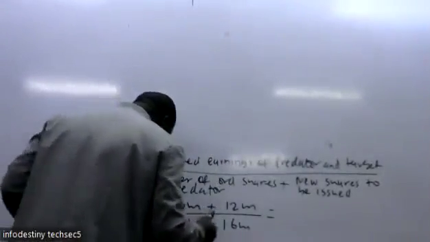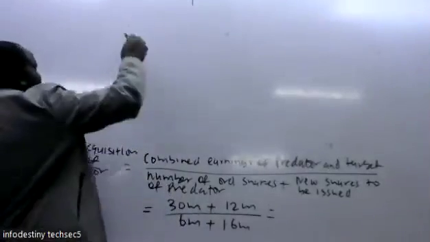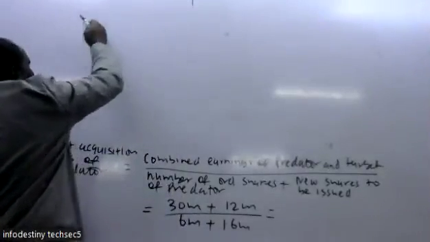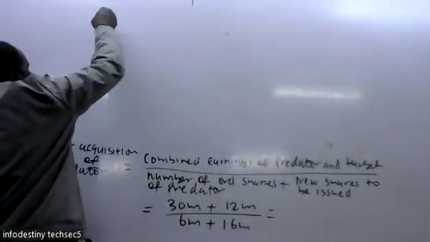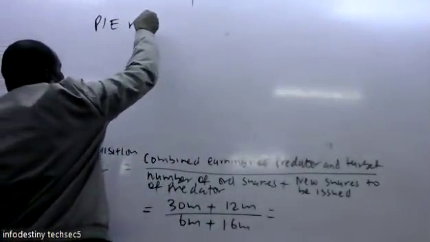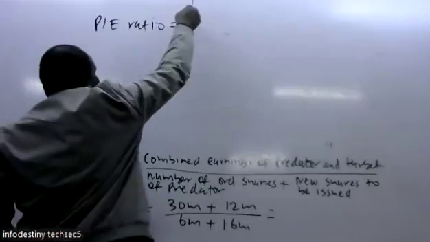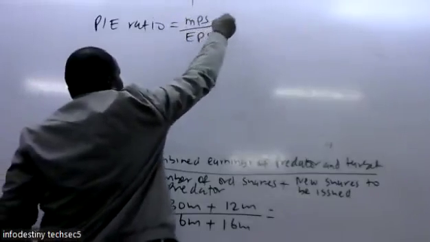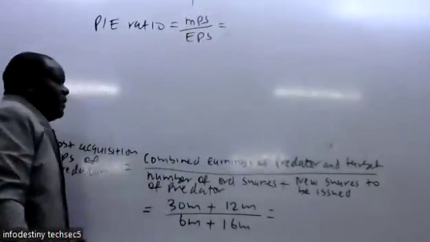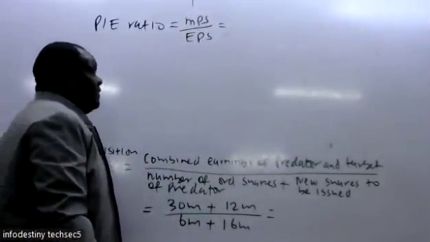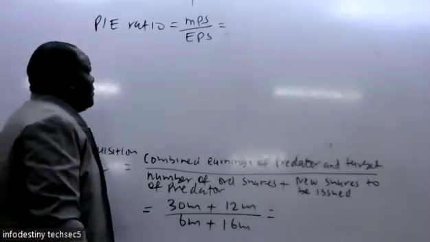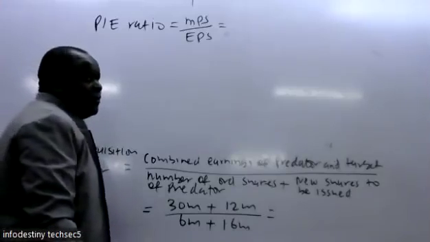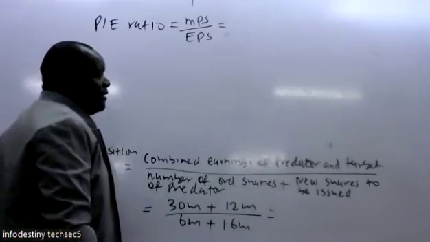The price earning ratio is supposed to be given by market price per share divided by the earnings per share. The question had already given you the market price per share. So Chilulu had a market price per share of how much?